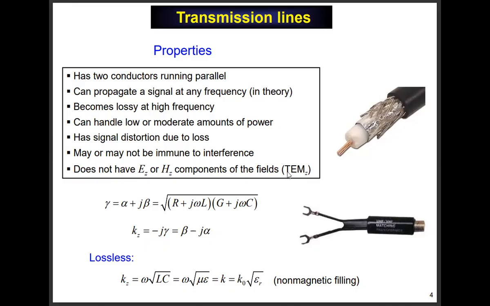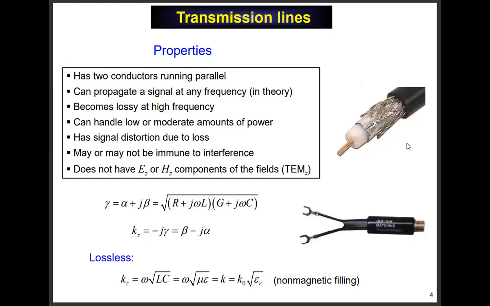If it's a TEMz wave, meaning Ez and Hz are 0, that's the type of wave, as we'll prove, that really is a transmission line wave. So all transmission line waves are basically TEMz, which means they have neither Ez nor Hz. Or another way of saying it is if I take any kind of transmission line like the coax, and I just take a cross section of it, you can call that the XY plane if you want.